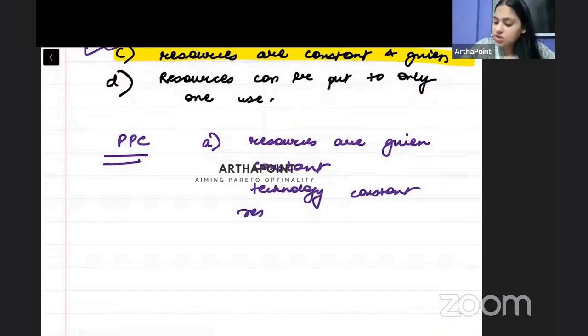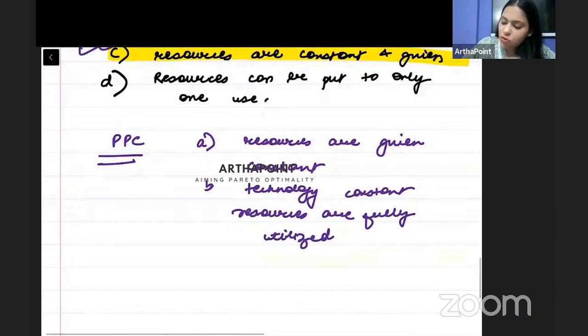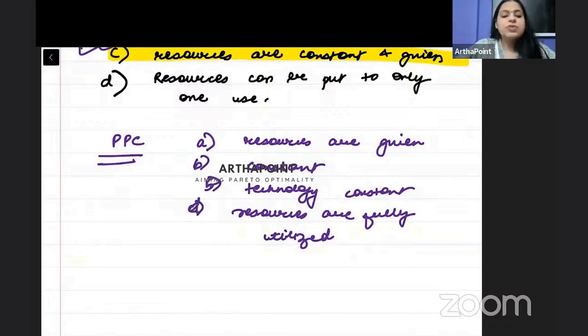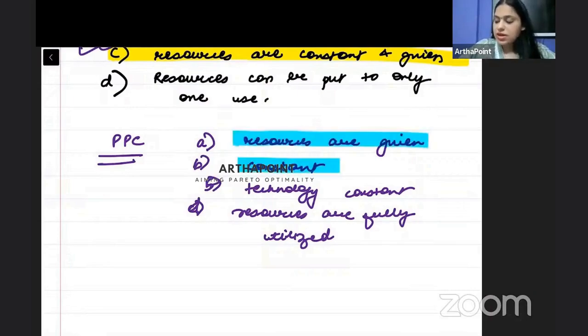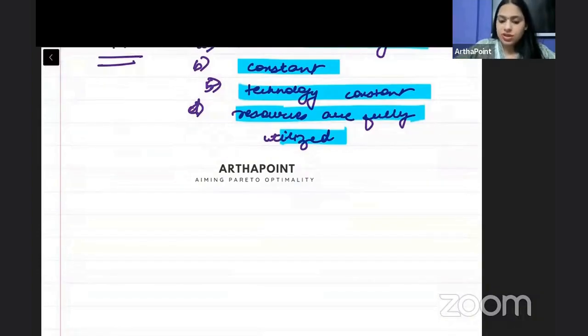And fourth assumption is that the resources are fully utilized. So these four can be called the assumptions of the PPC model. क्या assumptions है PPC की? That the resources are given, the resources are constant, technology is constant, and resources are fully utilized. These are the assumptions of PPC. Right? Okay, beta. Come to the next question.